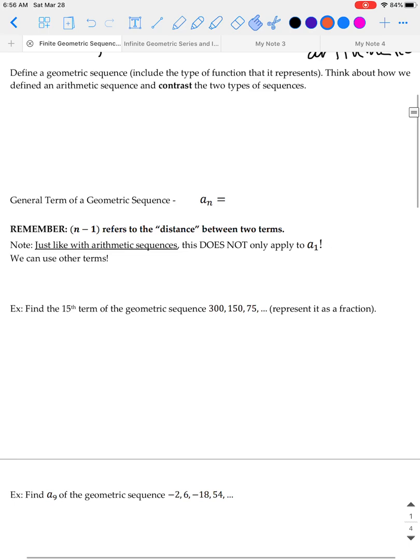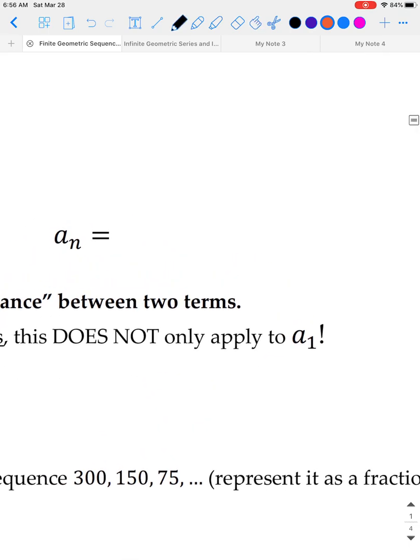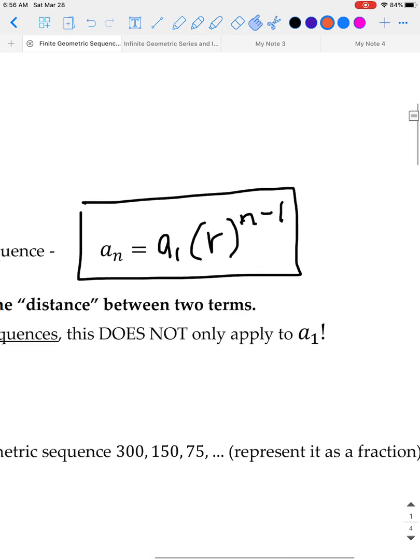if we go down to the general term of the geometric sequence, again, we can write our general expression as the first term, a sub 1, times our common ratio to the n minus 1 power. So that's going to be our general form for the geometric sequence.